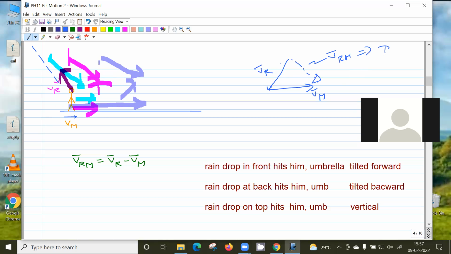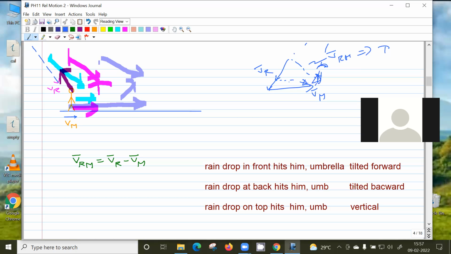Suppose VR is small, then it will be in this direction, so the umbrella will be this way. Suppose this VR is large, then the relative velocity will be in this direction, and the umbrella will be in this direction.